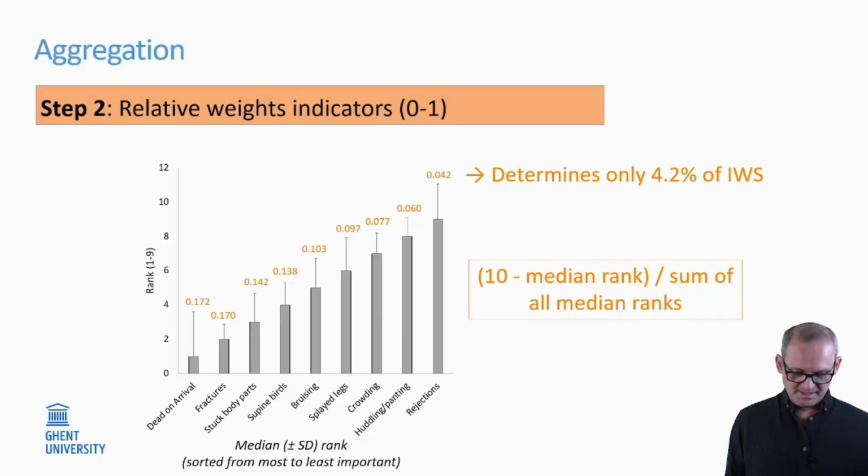What you see here is the median rank of the opinion of the various poultry experts, which means, for example, that rejections had the lowest rank. That means that rejections only weigh for 4.2% in the integrated welfare score, whereas the highest rank was dead on arrival, and they determined 17.2% of the integrated welfare score.